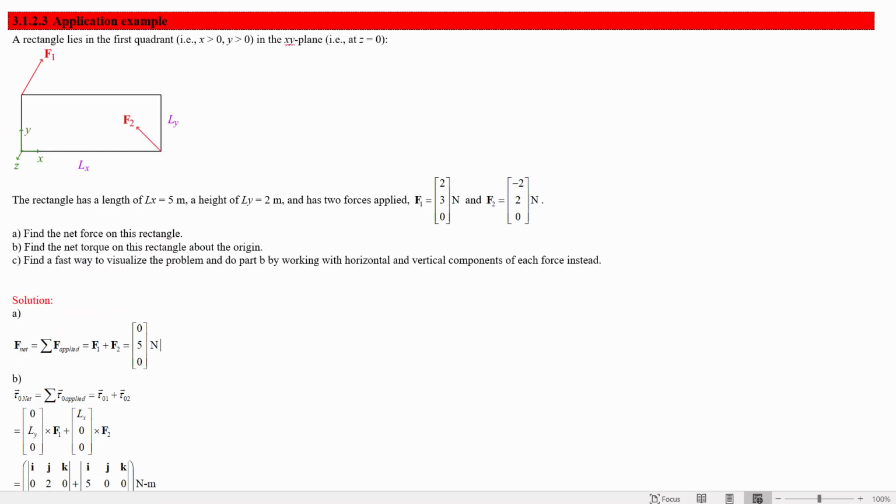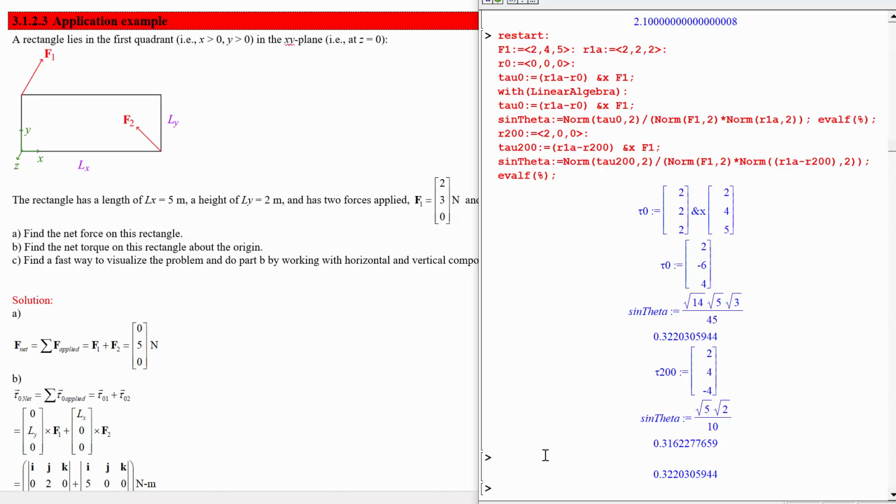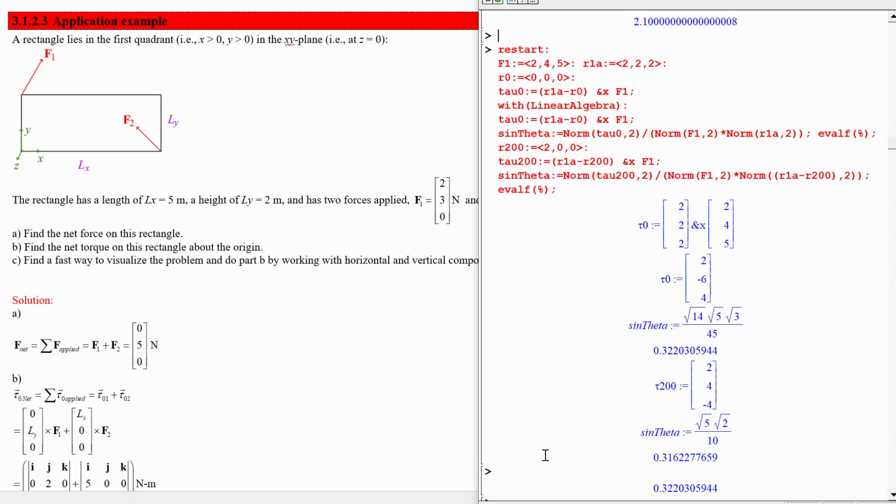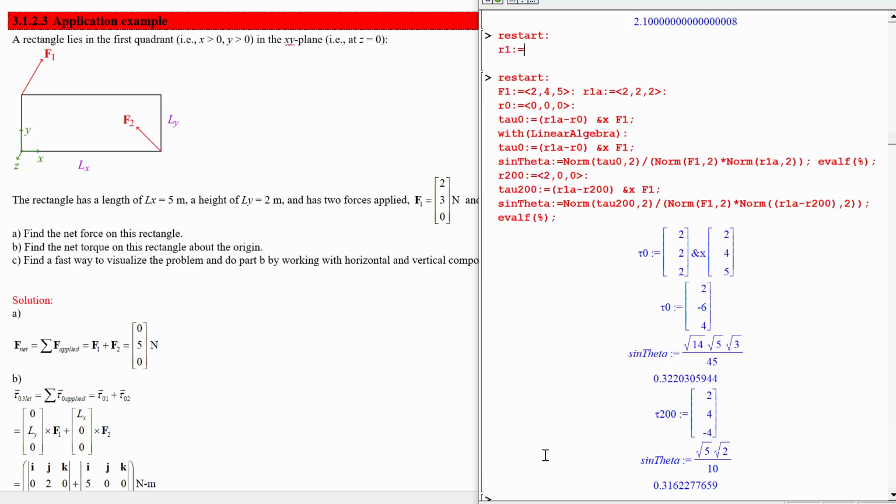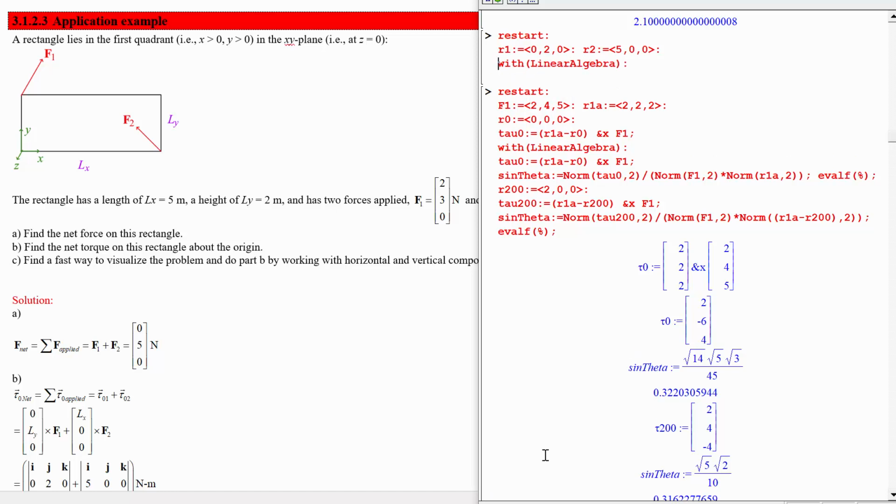We can also double check this with Maple. Control K to put in an execution group. And let's go with R1 equal to (0, 2, 0), and R2 equal to (5, 0, 0). Then we'll add in linear algebra, and we will take these cross products.